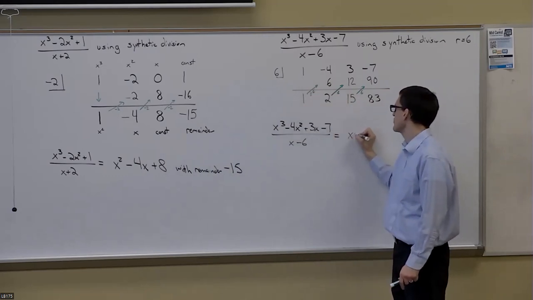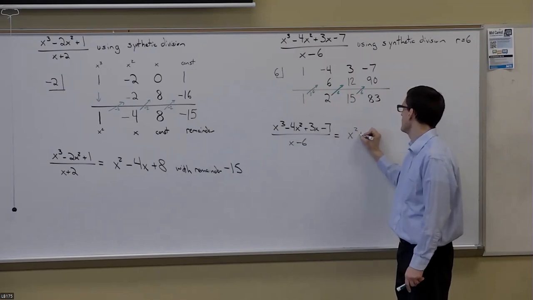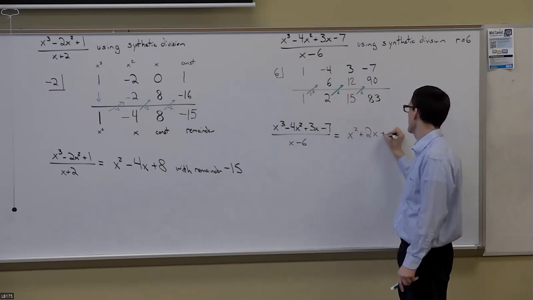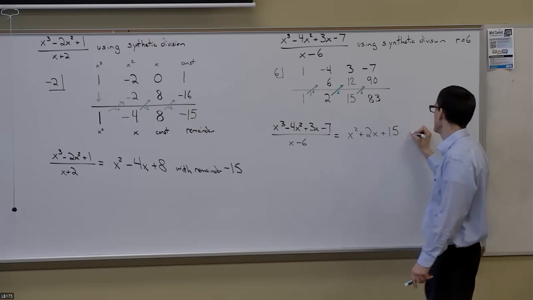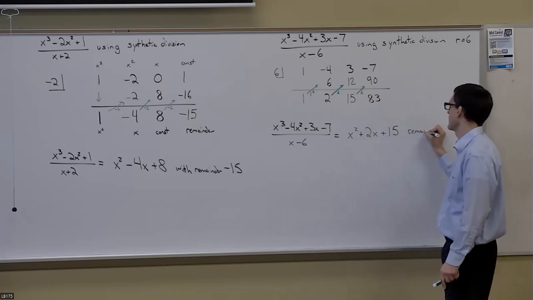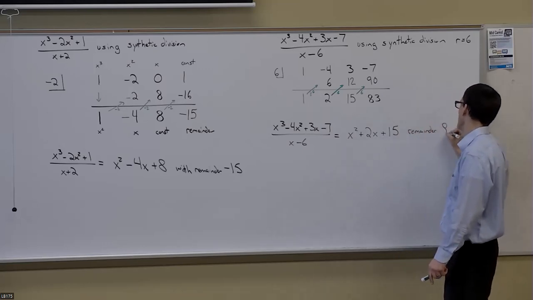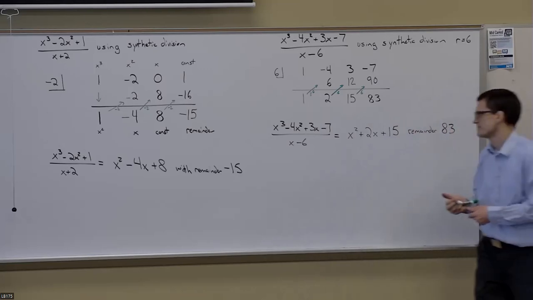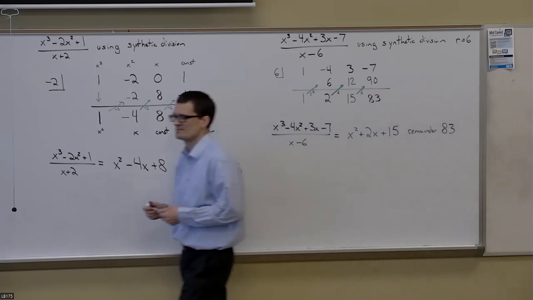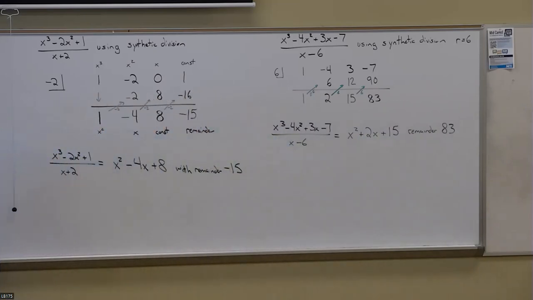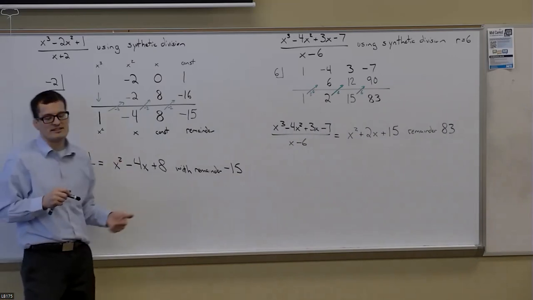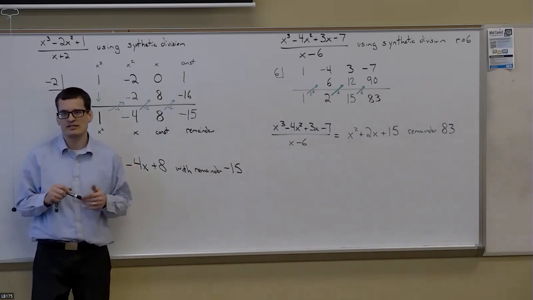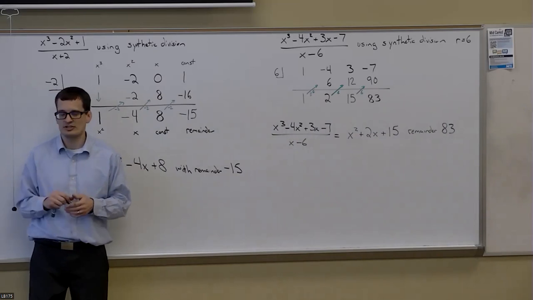So that's 1x squared plus 2x plus 15 with remainder of 83. Like I said, once you get good at synthetic division, then it goes a lot quicker than long division.